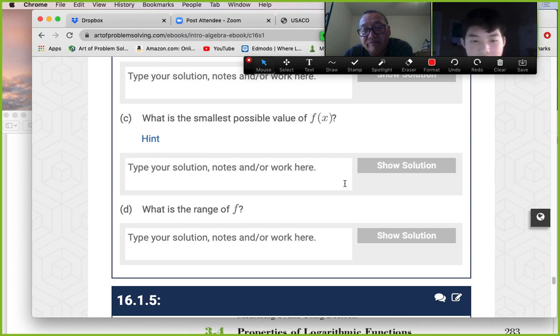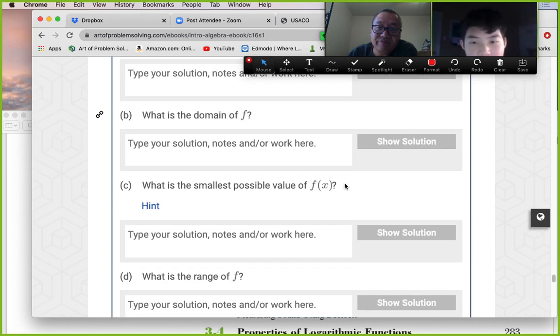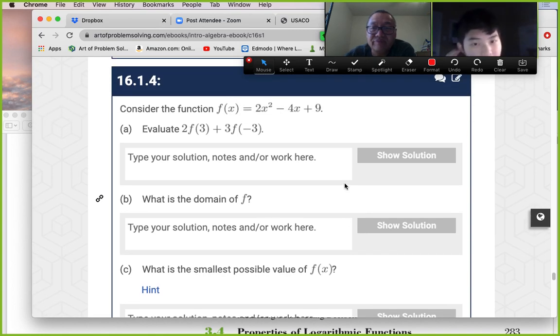Wait, could you scroll up? Yeah. y is greater than or equal to 9. Close, but it's not right. See, we already got the smallest value for this function, equals what? 7.